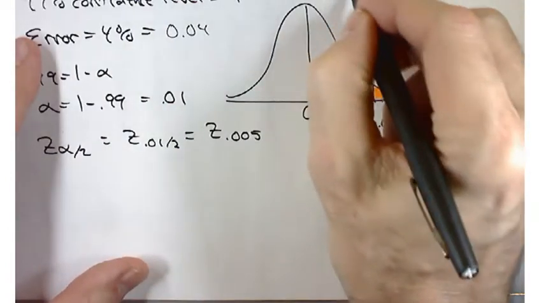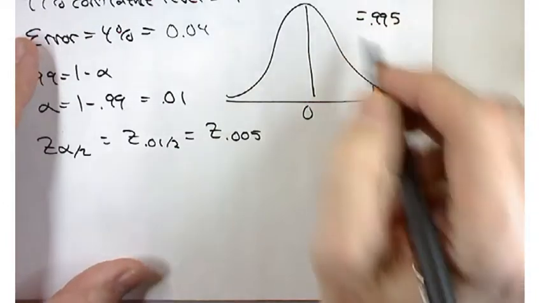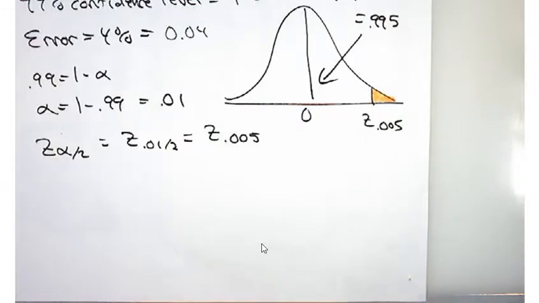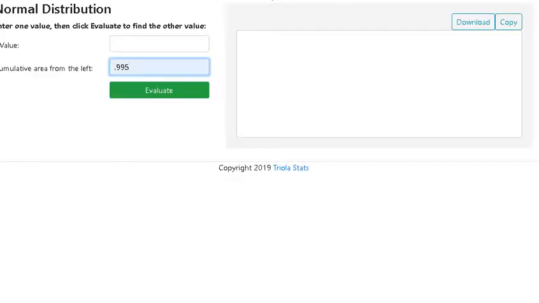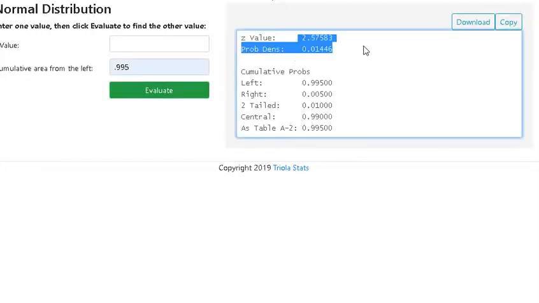So 1 minus 0.005 is 0.995, and that's going to be the area in the left tail. You click Evaluate, you should be able to get something like this. If you're using a graphing calculator, again, you should still get something like this, 2.575, call it 2.576, if we round it off to the nearest thousandth.